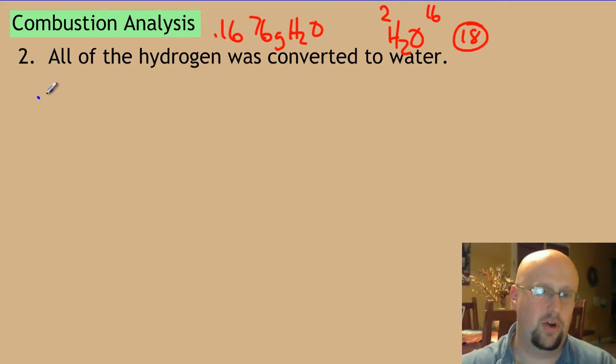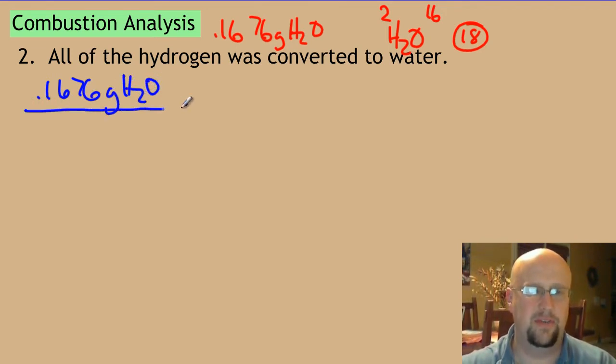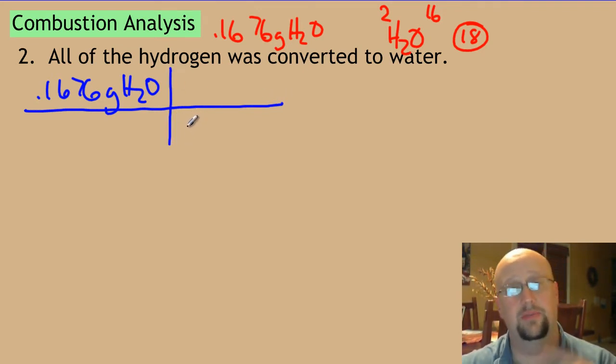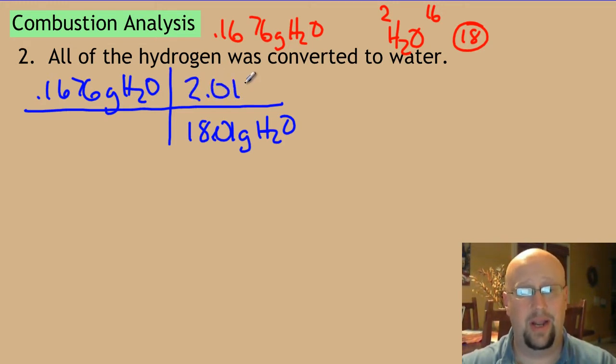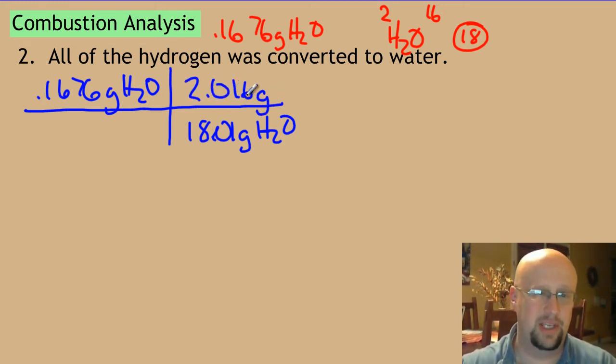So I start with 0.1676 grams of water. Again, that was given to me in my original problem. And I want to turn that into hydrogen because I'm trying to find the percent of just hydrogen by itself. So the molar mass of water, and if we really wanted to be precise, we could do this. Really, if you'd done 18, that would have been fine. And remember, on the AP exam, you're not going to have a calculator anyway, so you probably won't be able to carry it out to these decimals. But the book did, so I was trying to be as precise as possible.